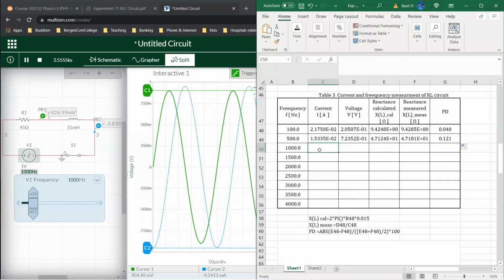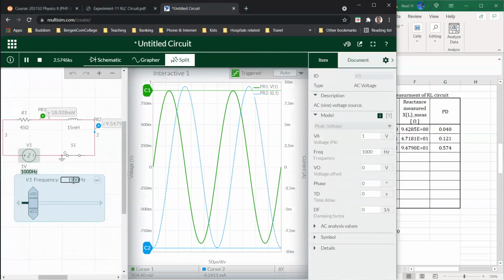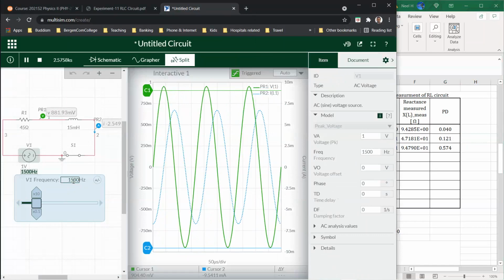Okay, the current is about milli 0.00095411, and the voltage milli 904, which means 0.90440. All of these we can click and drag. Looks good. We'll do 1500. Any question?